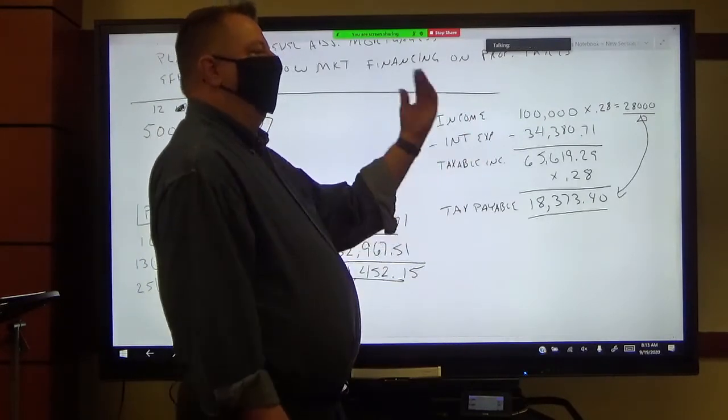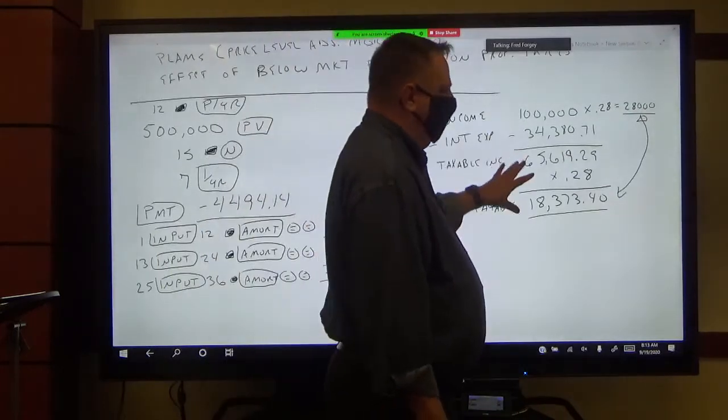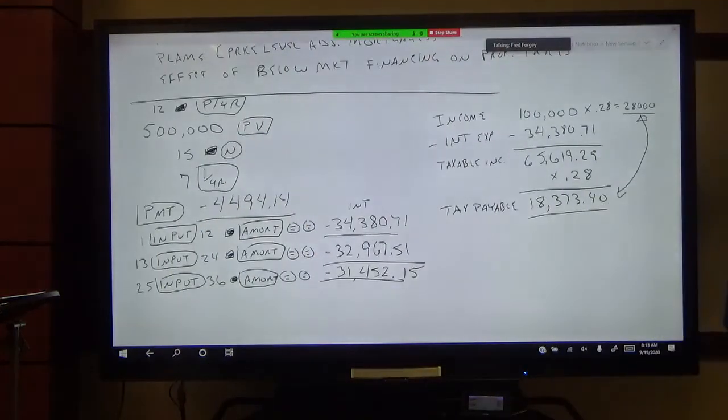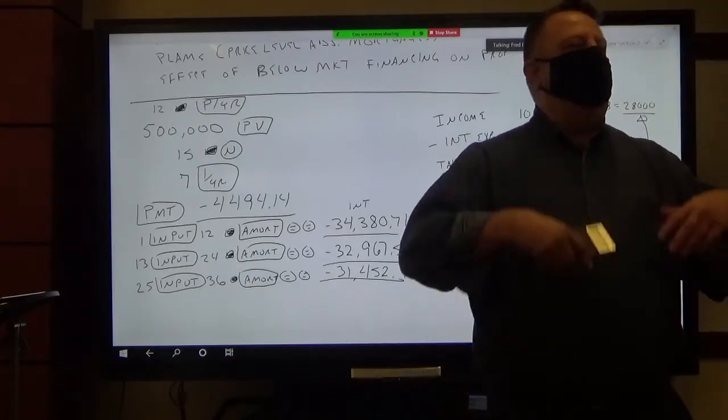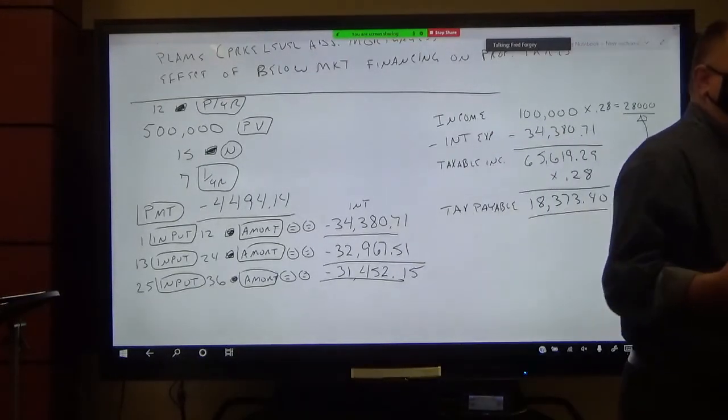Now, the question that I asked previously was, what is the difference between a tax deduction, which is what this is, and a tax credit? A tax credit, which in real estate, there's only a handful of things that qualify for tax credits.